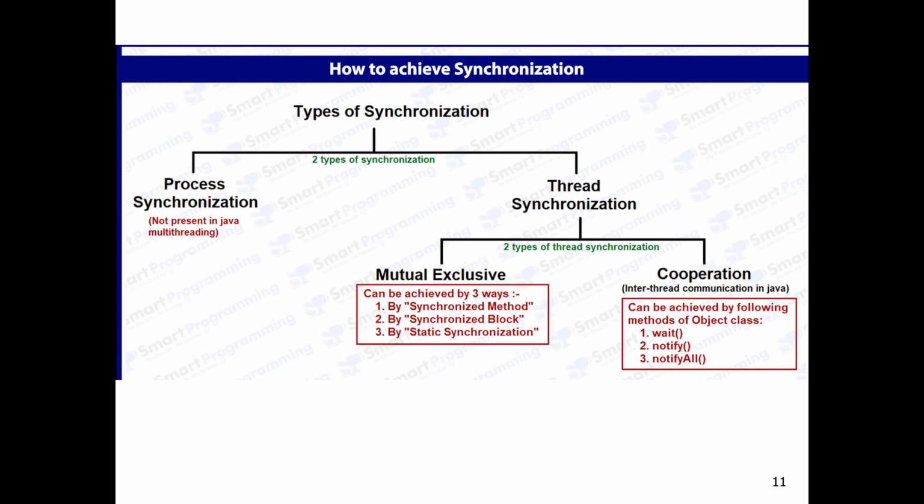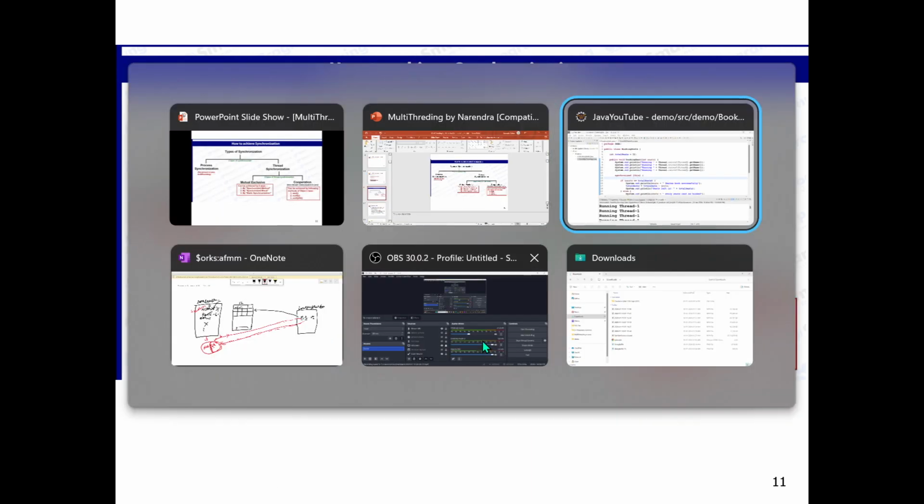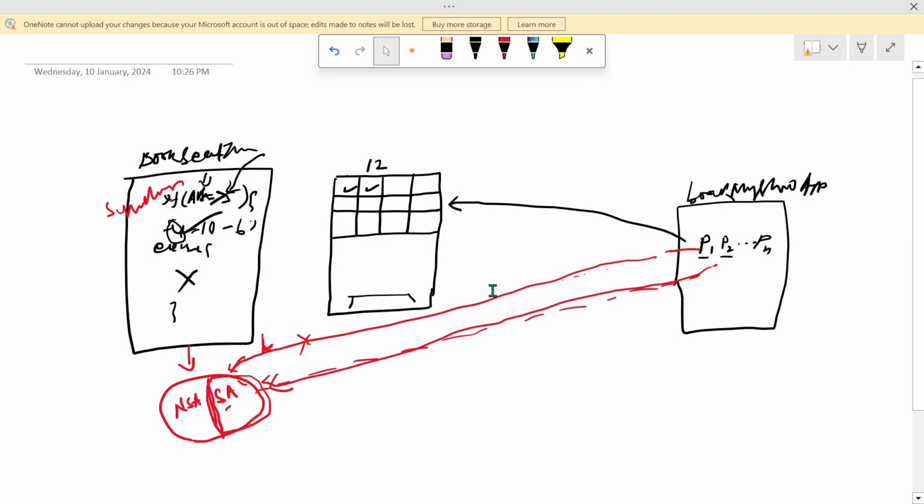Okay, so let's see what static synchronization is and why we need it. You see what the problem is. This BookMyShow app wants to use a common resource, the seat availability.